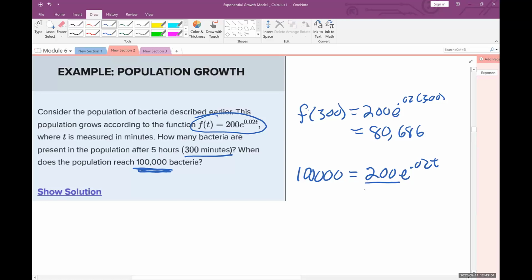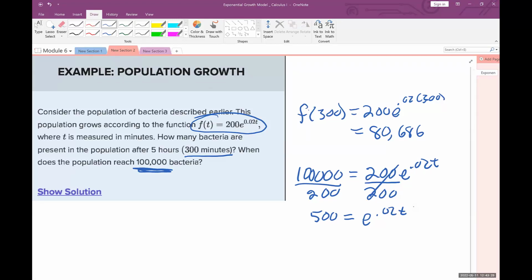And then if you divide by 200, 100,000 divided by 200, come up with 500. 500 equals e to the 0.02 t. Okay, so here's where your 126 skills come in.